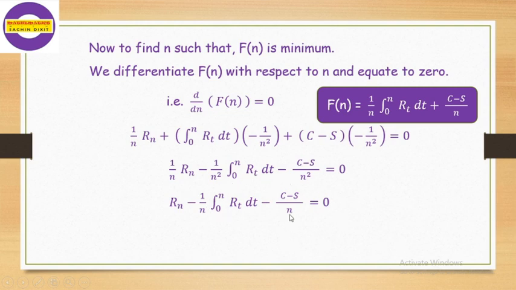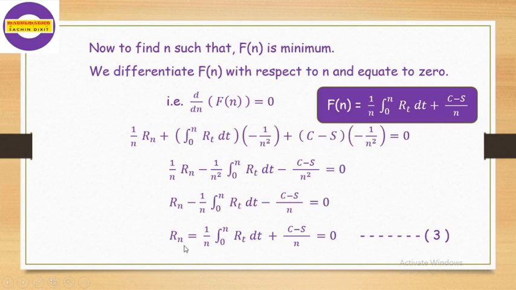And now just transfer these negative terms from LHS to RHS. We get the expression as Rn is equal to 1 upon n integral from 0 to n RT dt plus C minus S divided by n. Equation number 3. Now if we observe this equation 3, this term 1 upon n integral from 0 to n RT dt plus C minus S divided by n is nothing but the value of f of n.